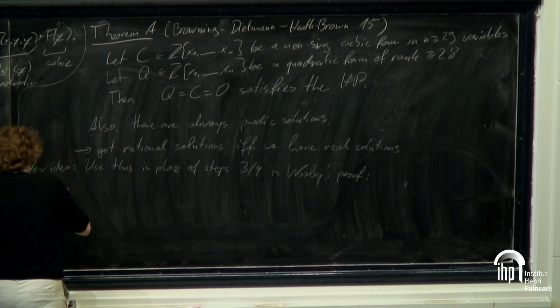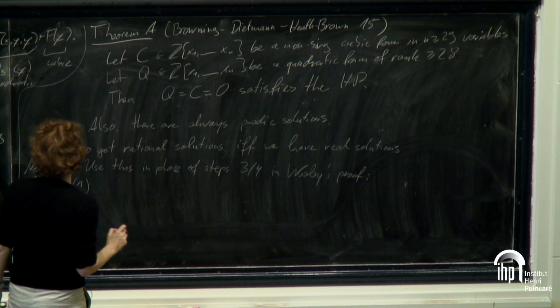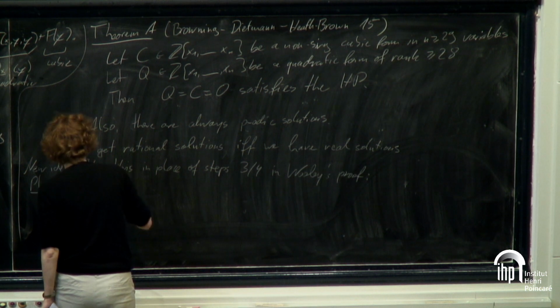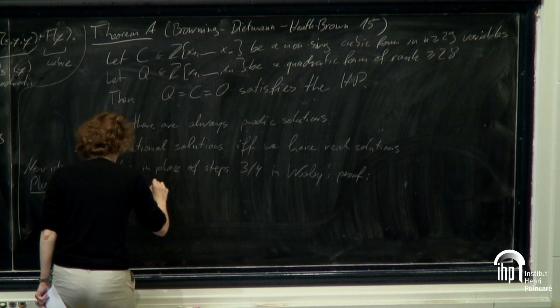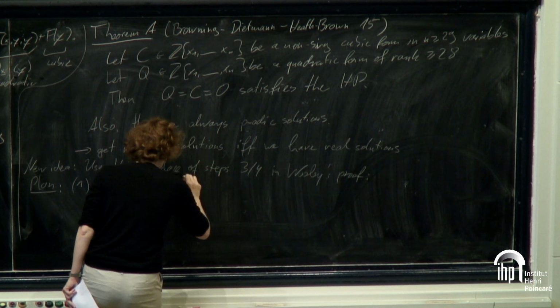So the plan is: the first and second steps are the same as before. First, find x as a rational point.